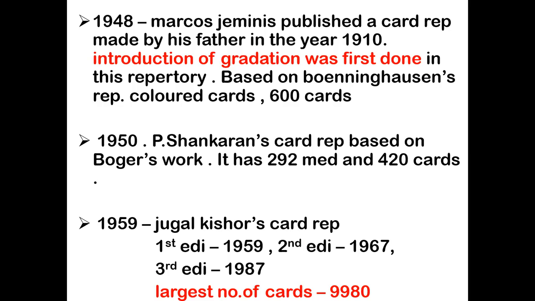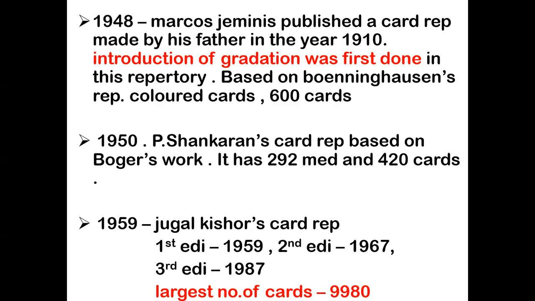The important thing is that introduction of gradation was first done in which repertory? Based on Boenninghausen's repertory, color cards, 600 cards, that is Marcos Jaminis, who published a card repertory made by his father in 1910.